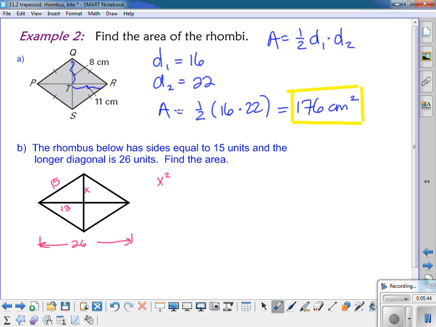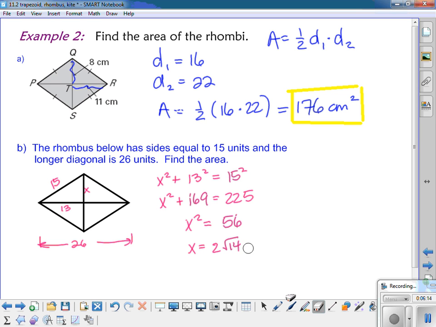So x squared plus 13 squared is going to equal 15 squared. So we have x squared plus 169 equals 225. If I subtract 169 from both sides, I get that x squared is equal to 56. And so when I take the square root, x is going to be 2 root 14.